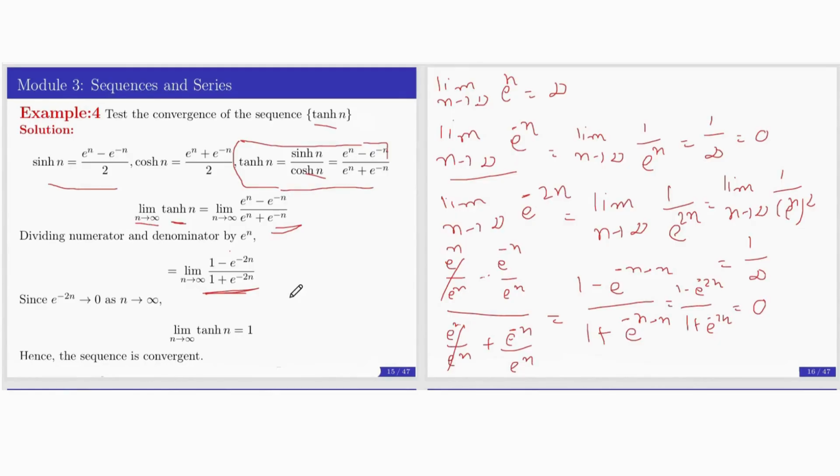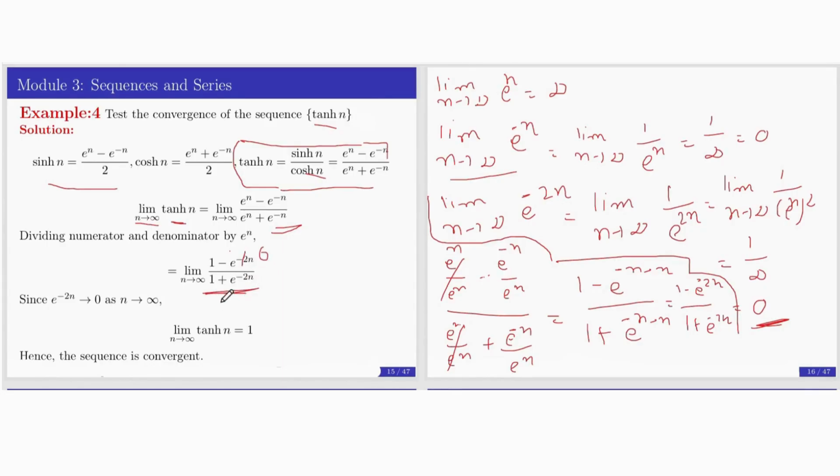Now apply the limit. We discussed that the limit as n tends to infinity of e^(−2n) is 0.